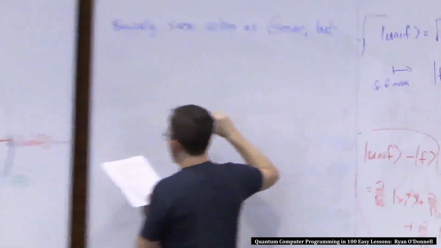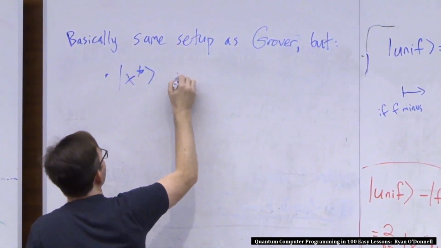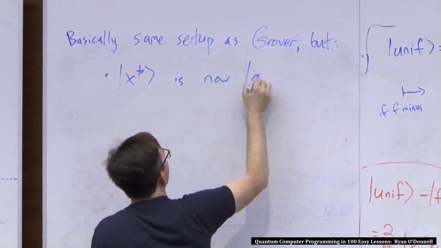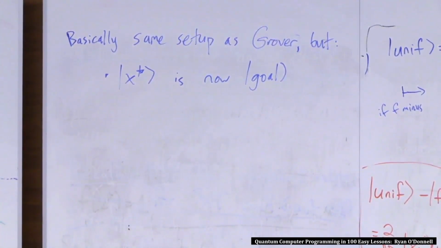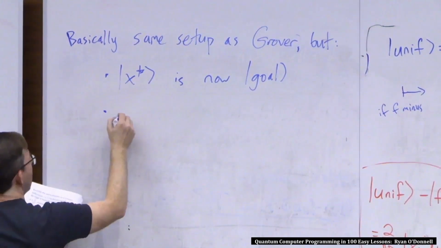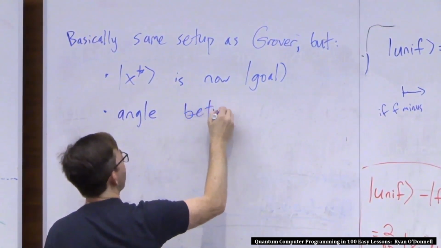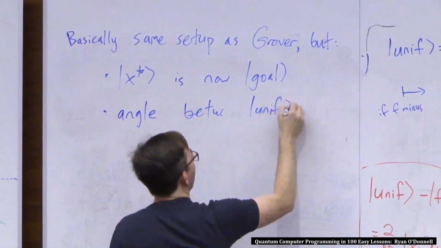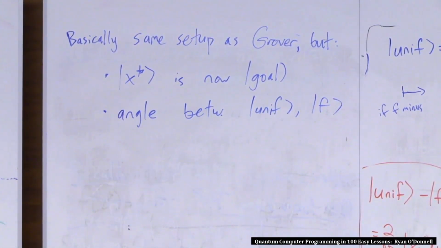So I'll just summarize the two differences. X star is now goal. But still, our goal is to get to that state vector, because then when we measure, we get what we want. And the angle between unif and f, well, the angle theta is the length of this arc in radians, which is, these are still extremely small numbers.